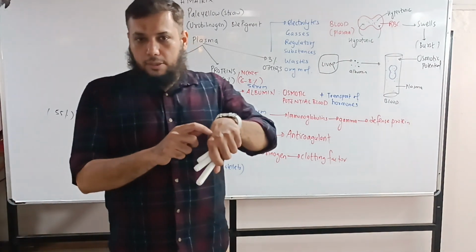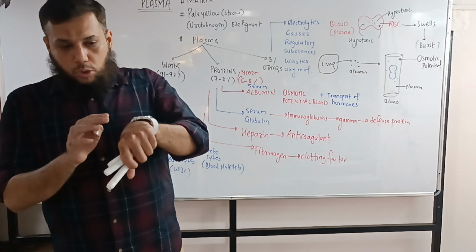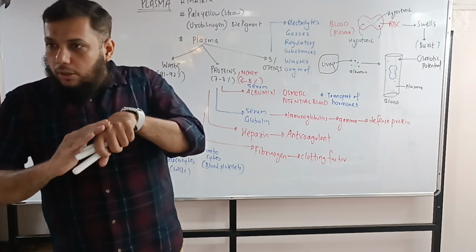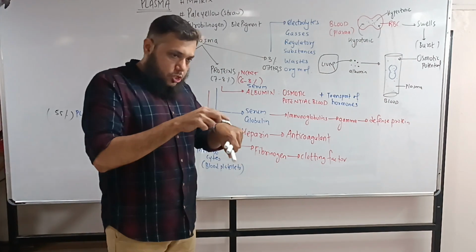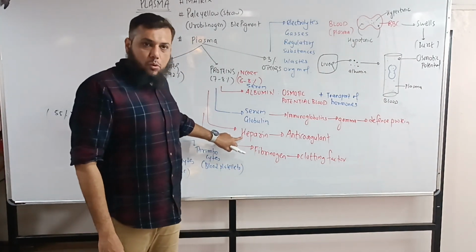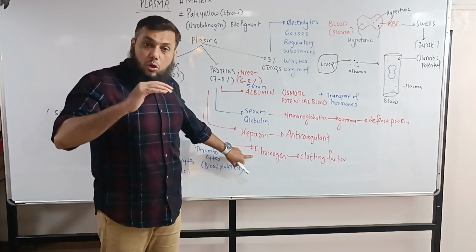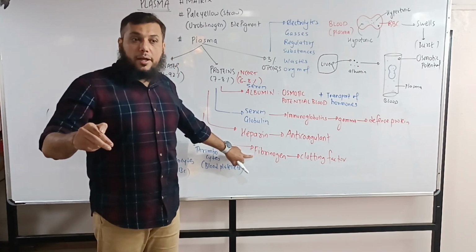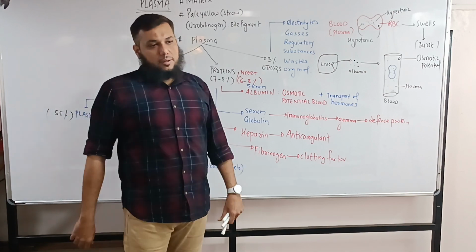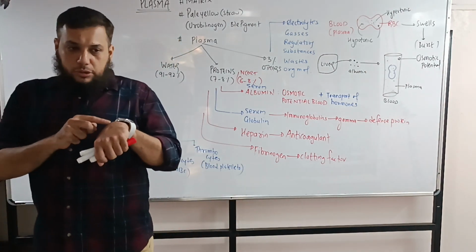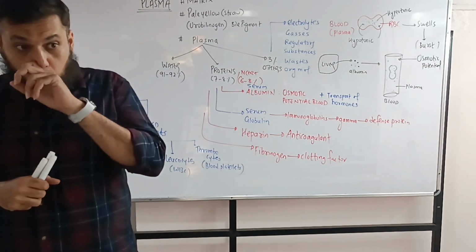If you get a cut and blood starts flowing out, do you want the blood to flow out or clot? Clot. So at that time, heparin has to be inactivated in that region and fibrinogen activated. Fibrinogen will clot the blood, and until then heparin stays inactive, so gradually the blood solidifies there. So who is a clotting factor?